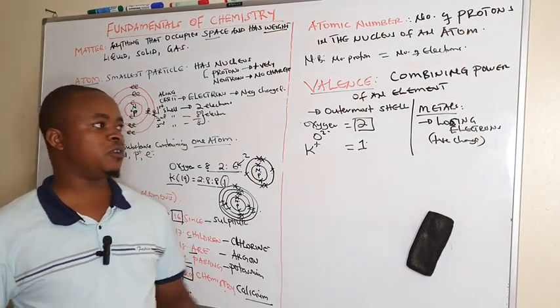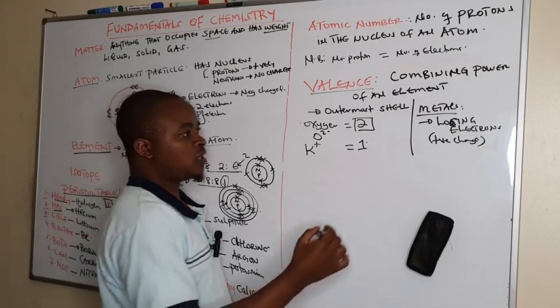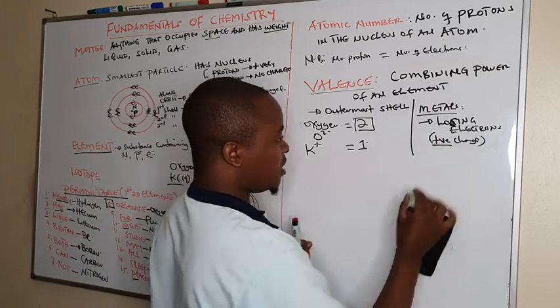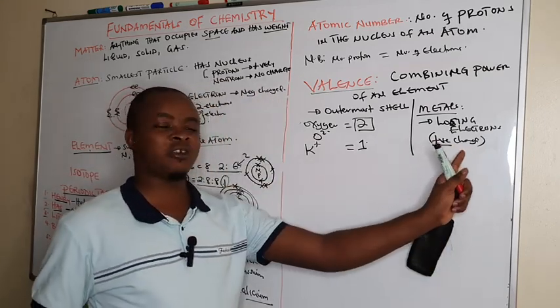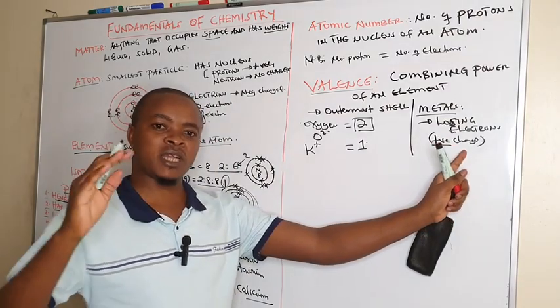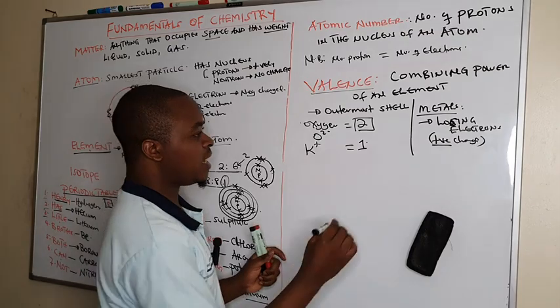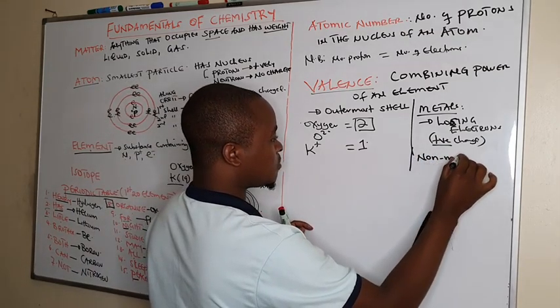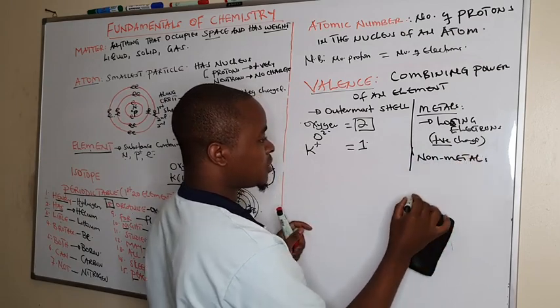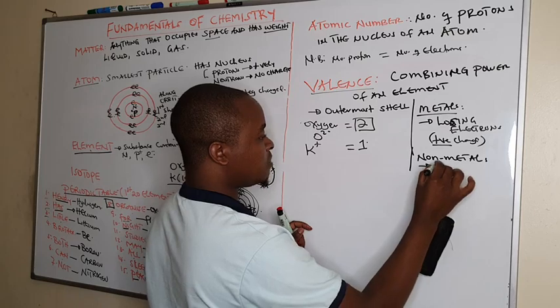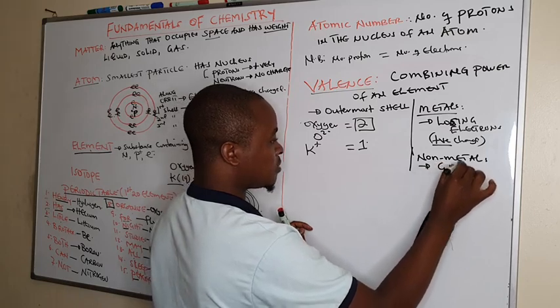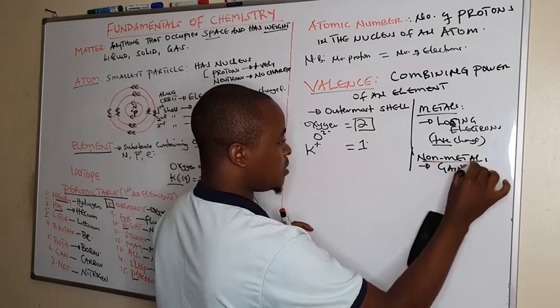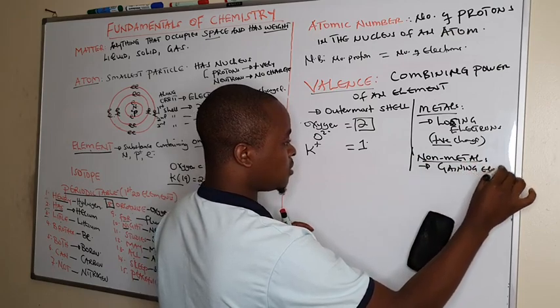Men react by losing. That's why we are strong to attain, and we are always respected. That's why we are given a credit. So metals react by losing, whereas elements which are non-metals, like oxygen, react by gaining. These ones react by gaining electrons.